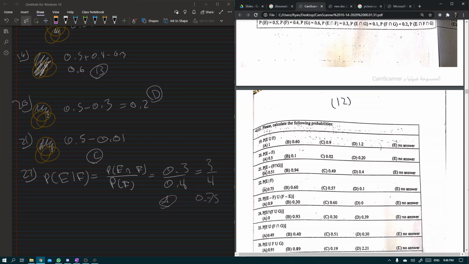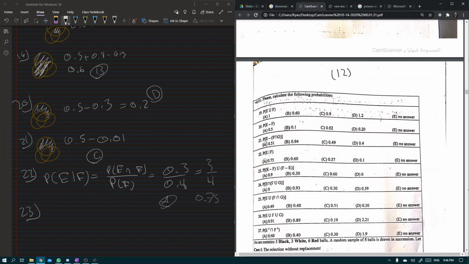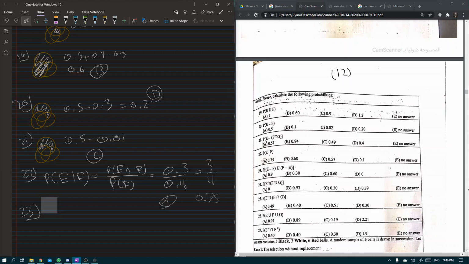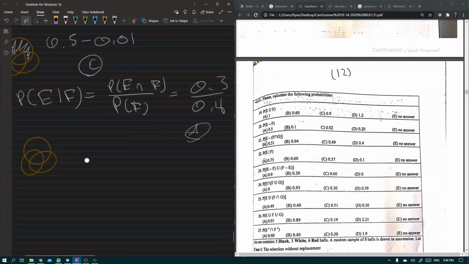To be honest, I want to see someone that memorizes the formulas just find this. 22, 23. Ooh. What is this? To be honest, these questions are really good. They're actually hard.